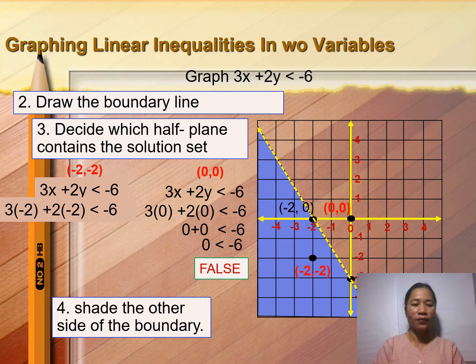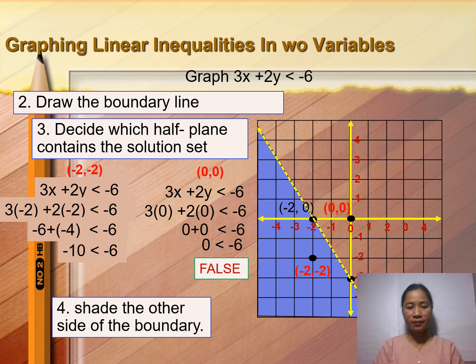The answer is negative 6 plus negative 4 less than negative 6, which becomes negative 10 less than negative 6.